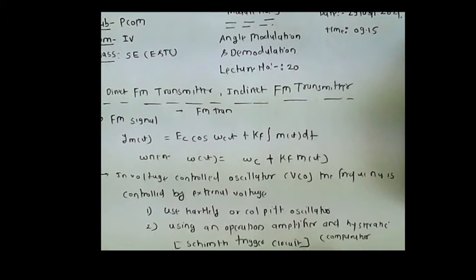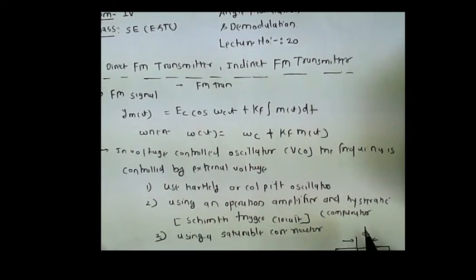So in the direct FM transmitter method, we use a voltage controlled oscillator to generate the FM modulation, controlled by an external voltage.